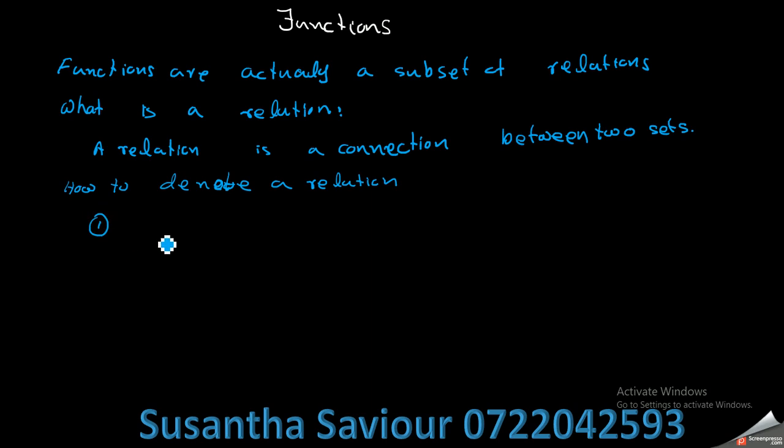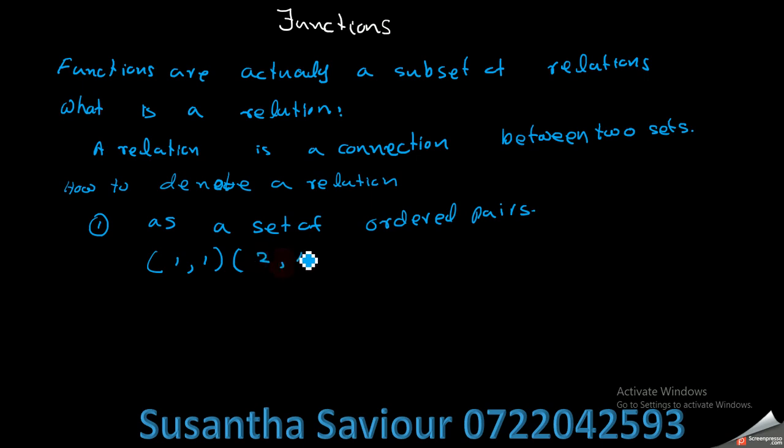Number one, as a set of ordered pairs. Say for example, (1, 1), (2, 4), (3, 9), (4, 16), etc.